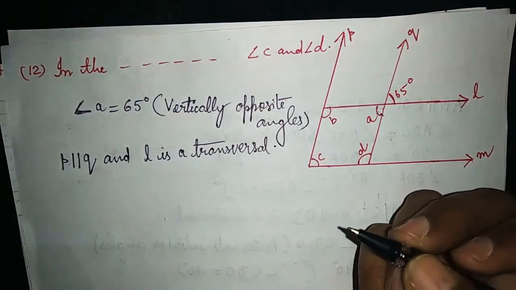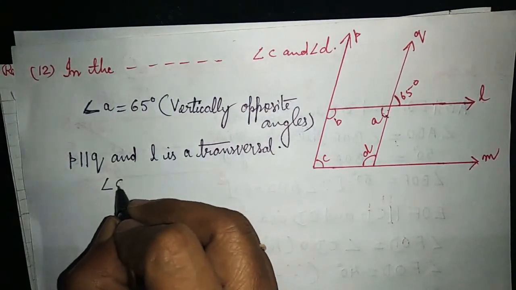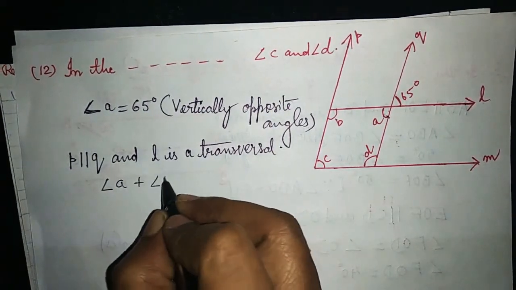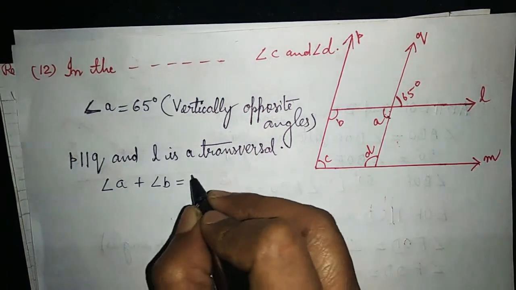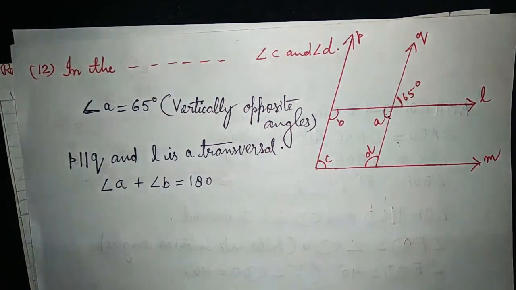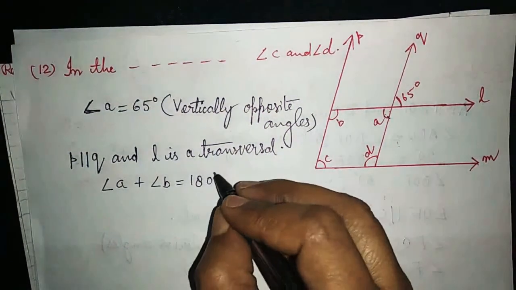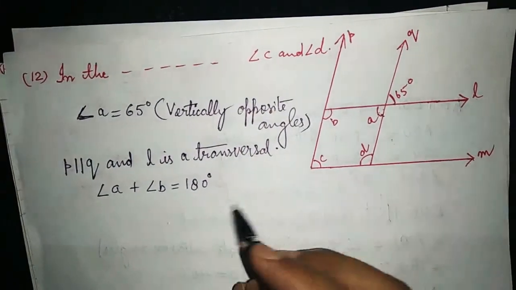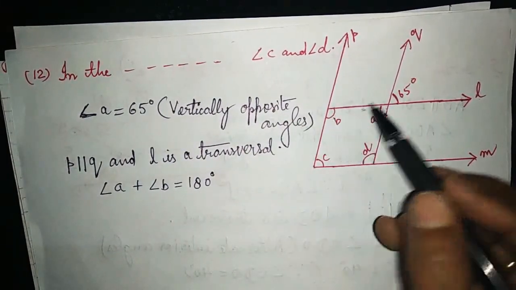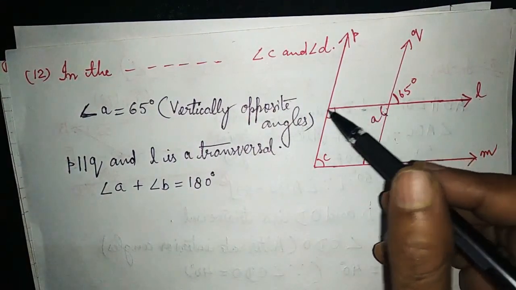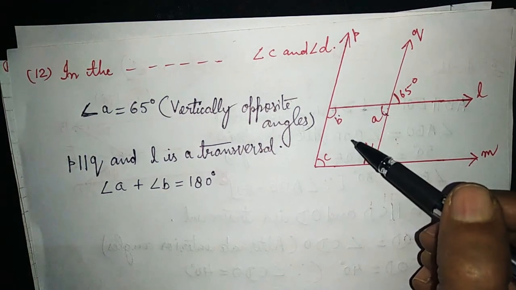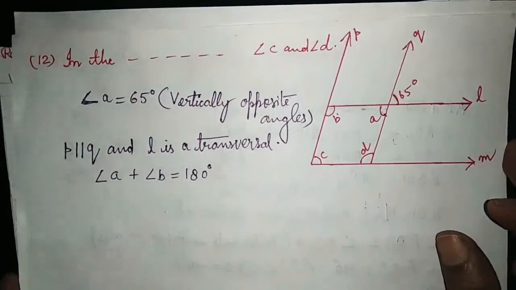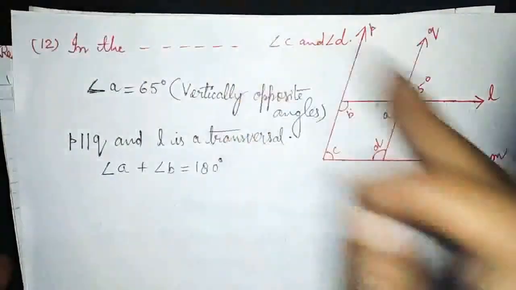Okay. Now angle A plus angle B is equal to 180 degrees. Okay. Why? 180 degrees because these two angles are forming on the same side of the transversal, meaning they are co-interior.